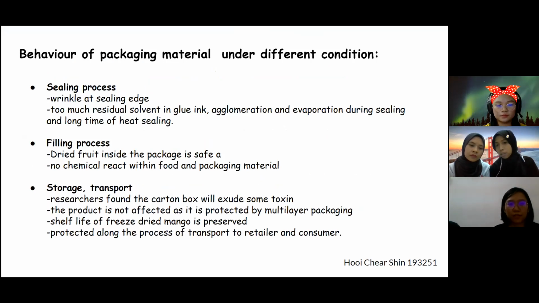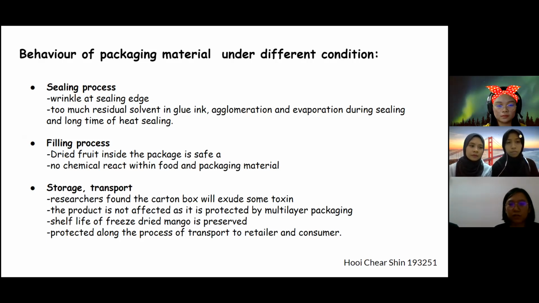Next, I'm going to discuss the behavior of packaging material under different conditions. In the sealing process, the stand-up pouch will be sealed, and certain problems can happen. For example, there will be wrinkles at the sealing edge.